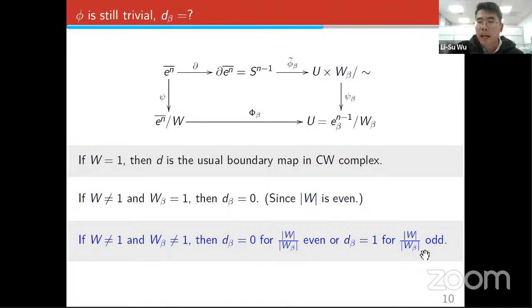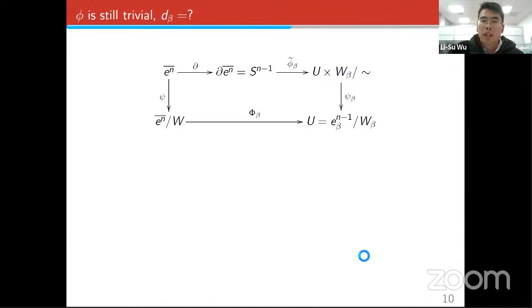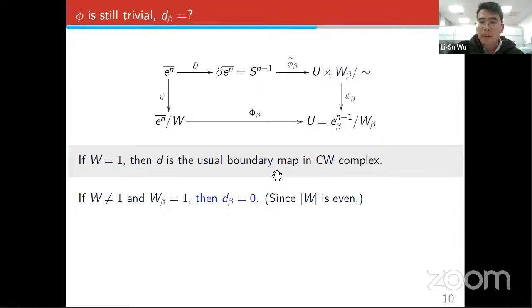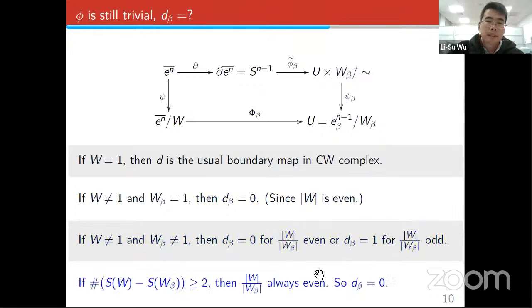Otherwise, if this part is odd, then it will leave a free (-1)^{l(g)}, and now d_beta equals 1. Moreover, if the generators of W_beta are fewer than the generators of W minus 1, then we know from the finite Coxeter group this is always even, so d_beta is equal to 0.